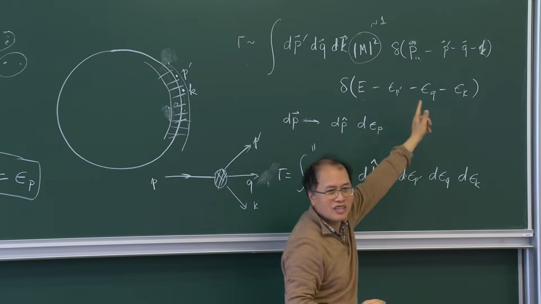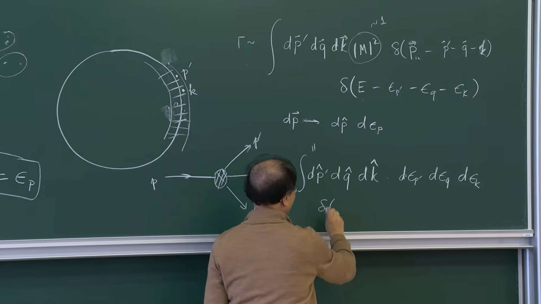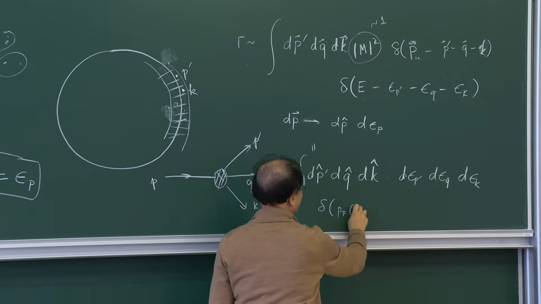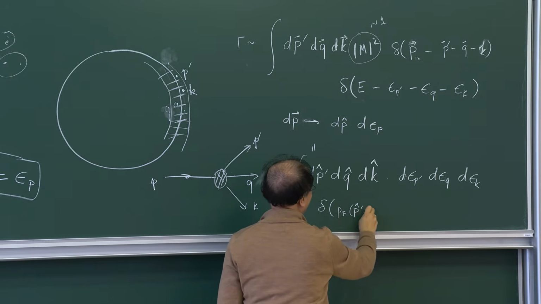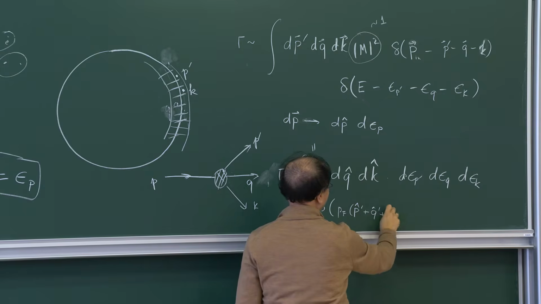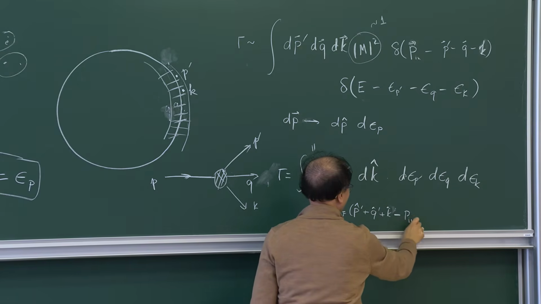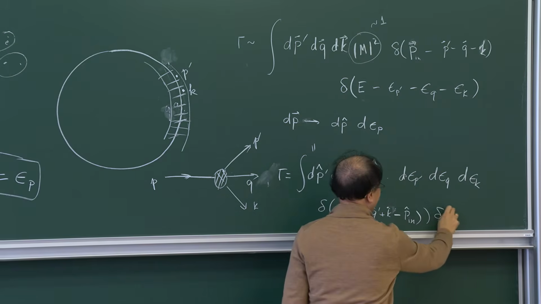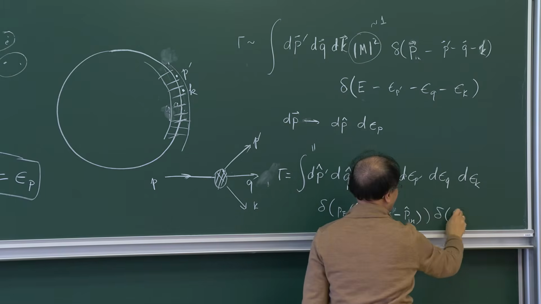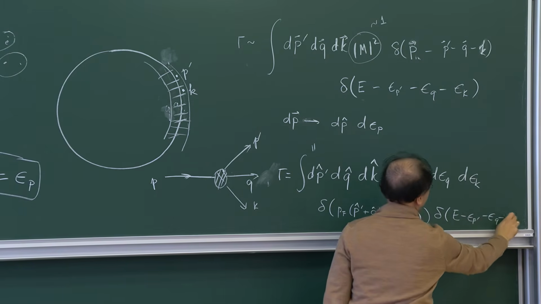But the delta function of momentum, very roughly, is a delta function of pf times the sum of the hat vectors, p' plus q plus k minus the initial p, right? And then the energy delta function is E minus epsilon p' minus epsilon q minus epsilon k.